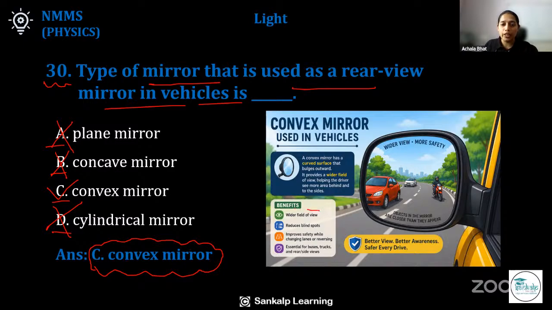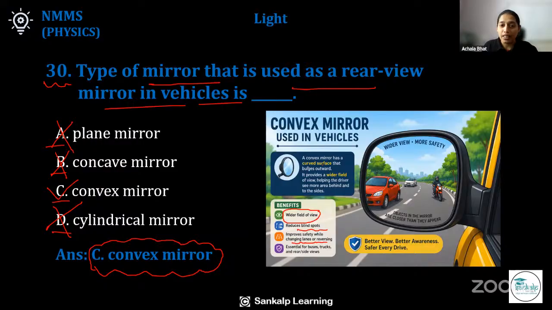Because of the wider field of view. This covers a wider range and reduces blind spots, improves safety while changing lanes or reversing. These are the benefits of convex mirror used in vehicles.